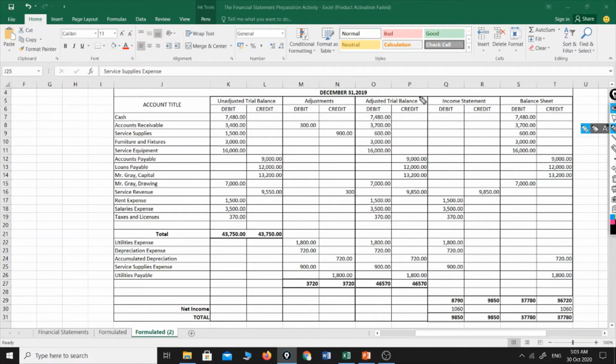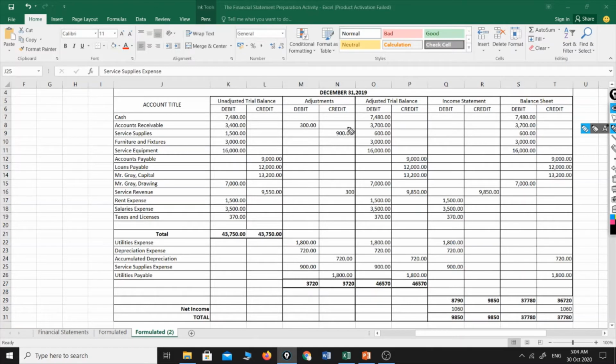Okay, so after having the adjusted trial balance section, we will reflect whatever is recorded on our adjusting entries and then total them again and update the amounts. So, for example, how should we update this one?